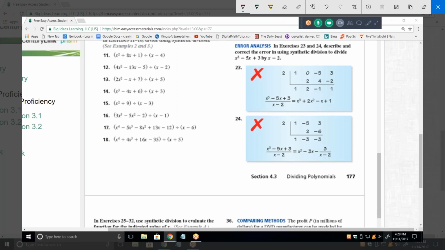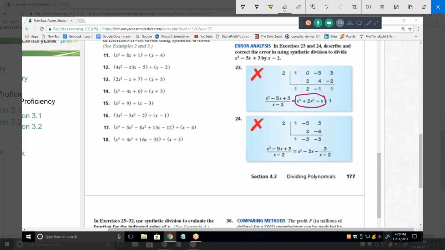Everything looks pretty normal. The problem here. That part is correct. When you divide a cubic by a linear term, you're going to get a quadratic. Excuse me, that part is not correct.